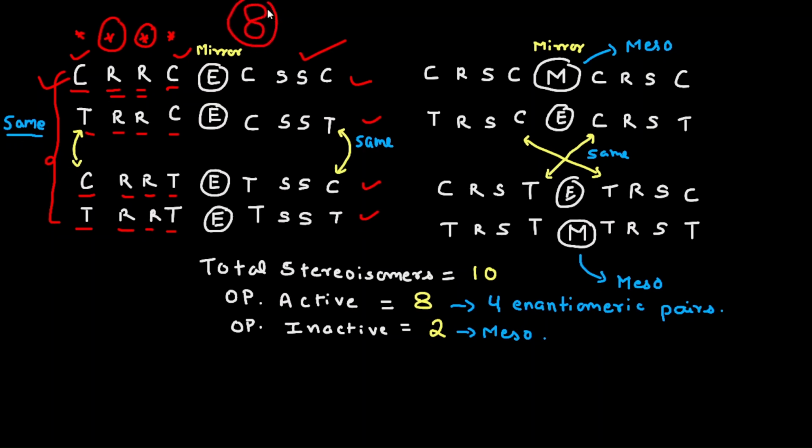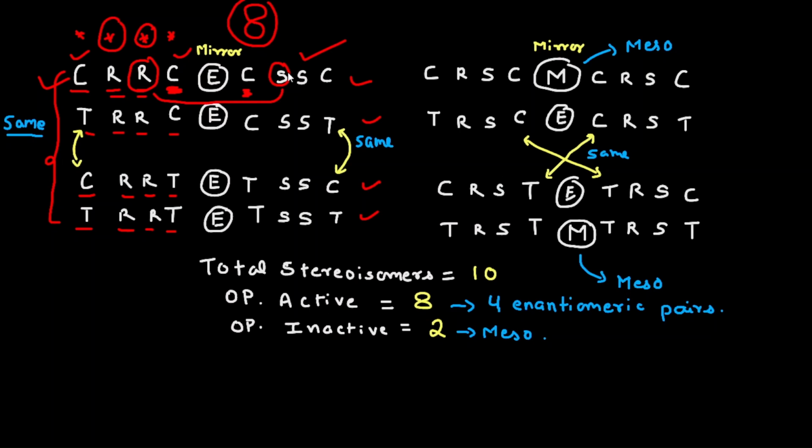Let me speak about how I have written the possibility of mirror image. Now you see, this is cis. The mirror image of cis will remain cis. However, the mirror image of R will become S. You understand? By taking the mirror image, the configuration of chiral carbon changes.